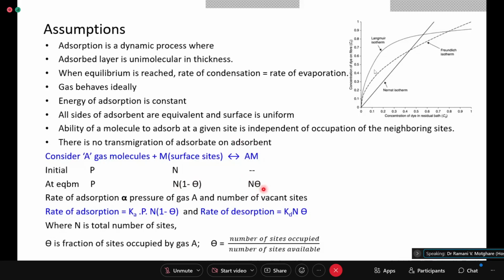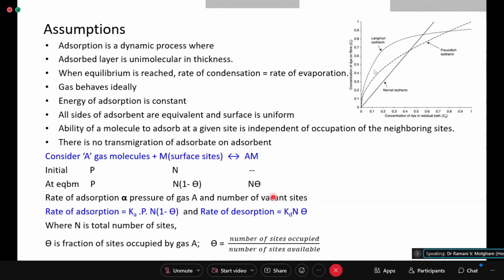The rate of adsorption is proportional to the pressure of gas A and the number of vacant sites. The rate of adsorption can be written as Ka P n into 1 minus theta, and the rate of desorption, the backward reaction, is Kd n theta.